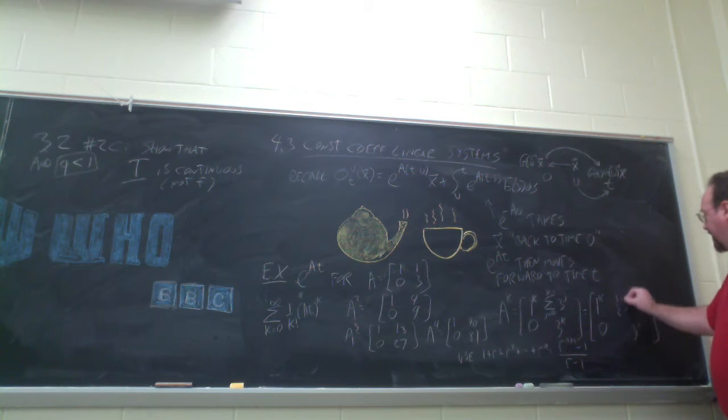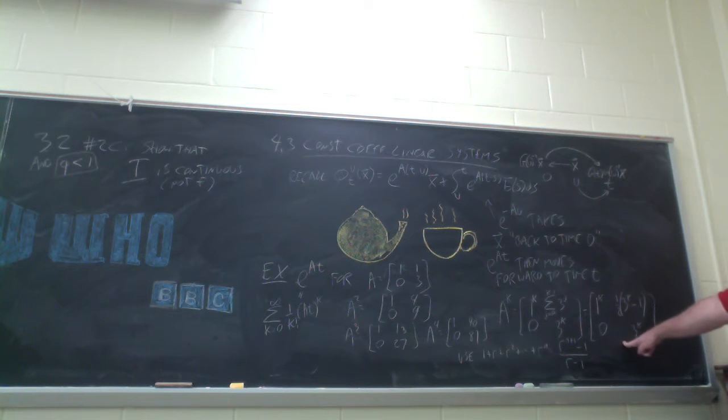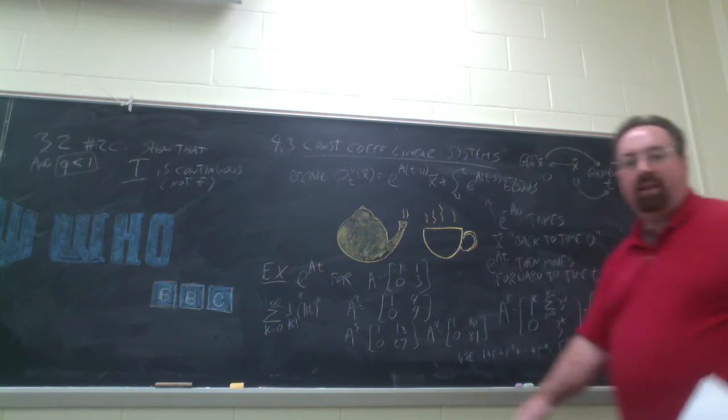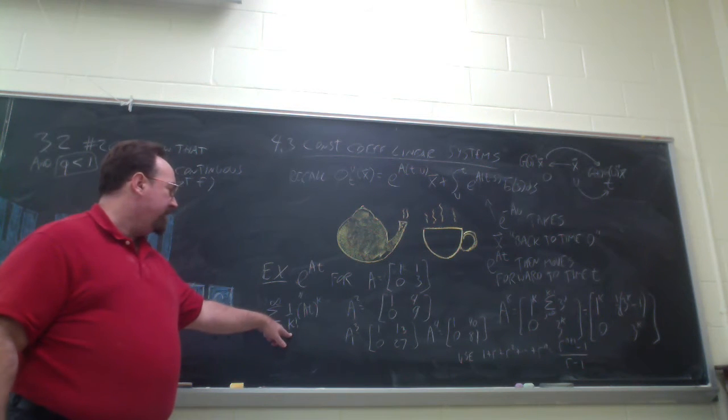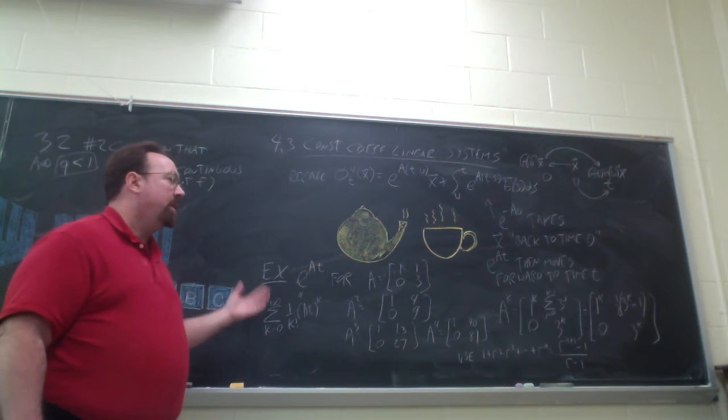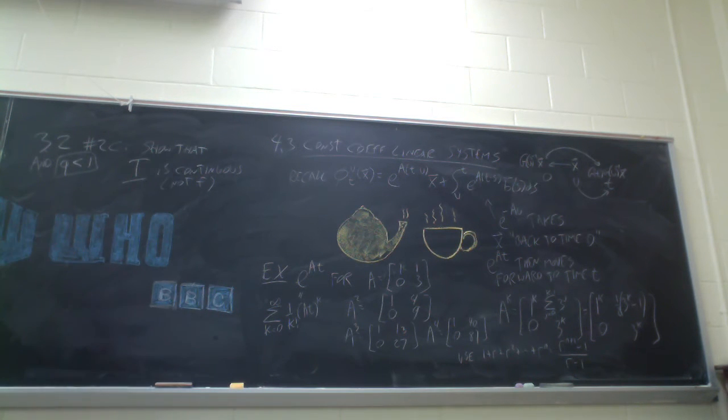So here's our nice explicit closed form expression right here for A to the k. So now we can take that and plug that into our power series representation of the exponential in order to get an explicit formula for e to the At.